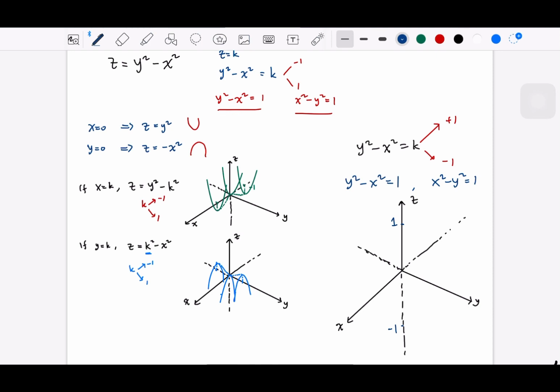And we are going to focus on the xy plane. Okay. So at this point, z equals 1, we can see that it's going to be y squared minus x squared equals 1, which is going to be this way. If you look from the top side, this is y, this is x.